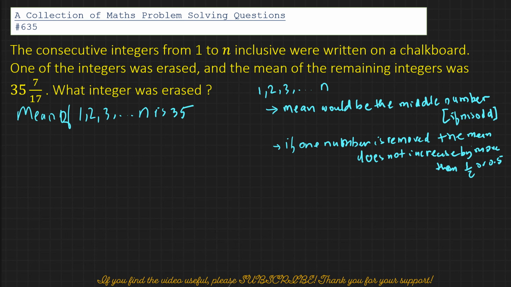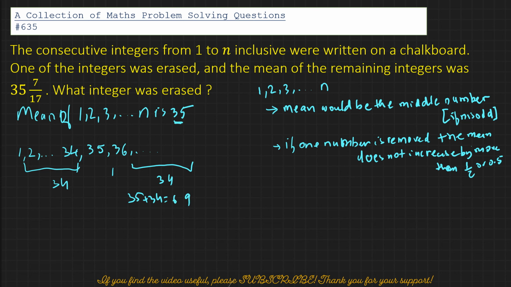And so if the mean is 35, then 35 is the middle number, and that would mean you have 34 numbers before that and 34 numbers after that. So it would be 35 plus 34, that is 69.